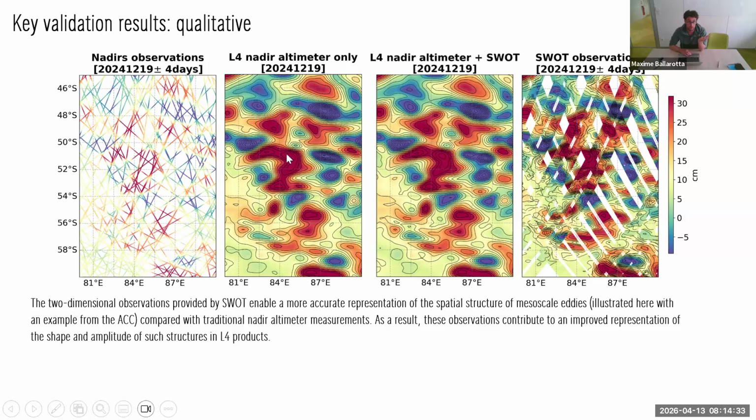In the middle, you have two reconstructions, one done only with nadir altimeters, and then nadir altimeters plus SWOT.